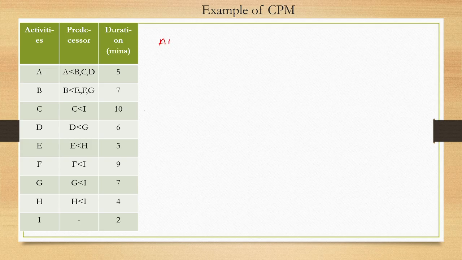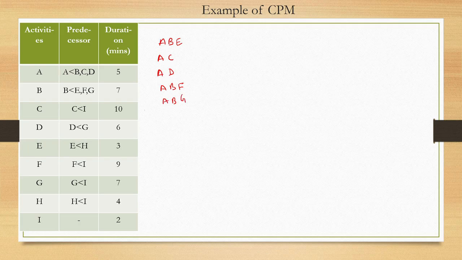One is AB, then AC, and then AD. Now B is predecessor of E, F and G, so 3 more paths come out from B. Already AB is here, so ABE, ABF and ABG.